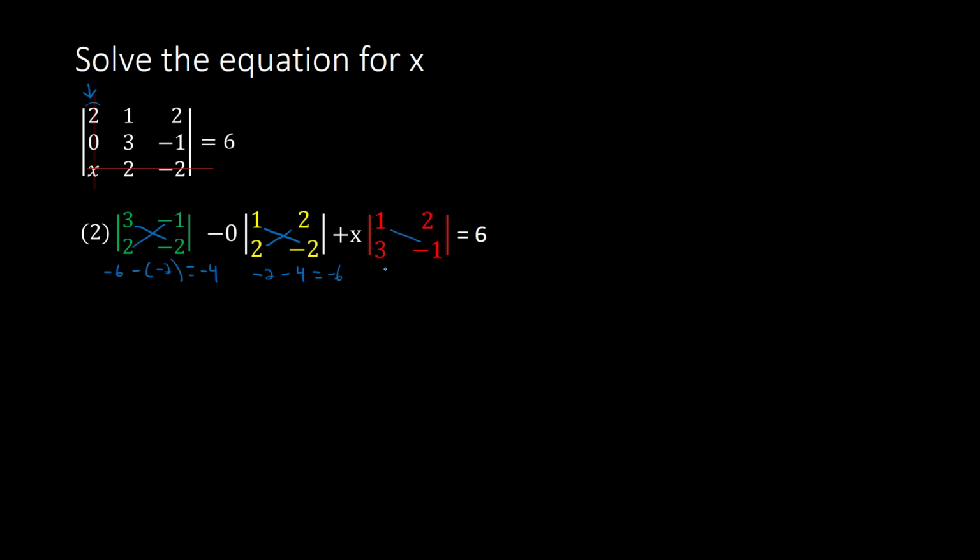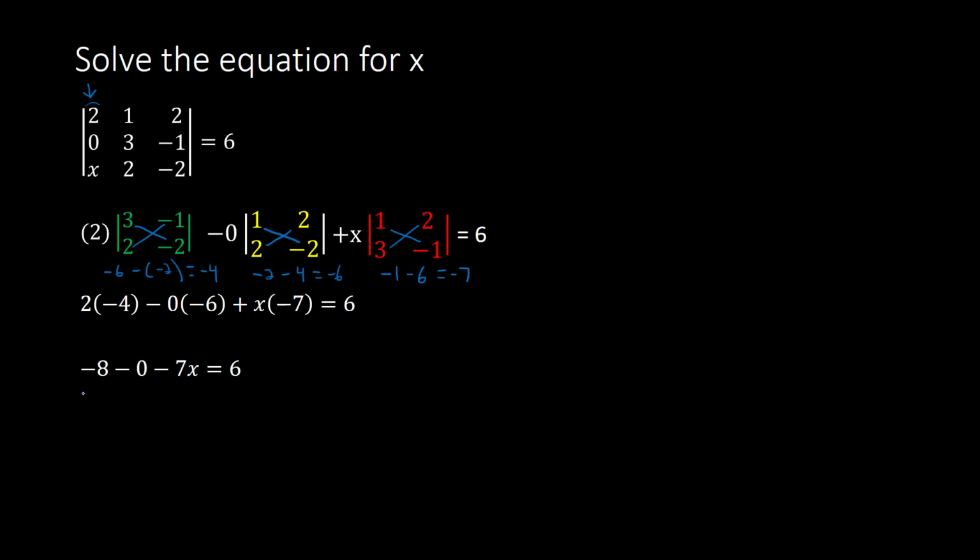Then for the third matrix, 1 times -1, I have -1, minus 3 times 2 gives me 6, so -1 minus 6 gives me -7. So I have 2 times -4 minus 0 times -6 plus x times -7, and that is all equal to 6. So we have -8 and then minus 0 and then minus 7x equals 6.